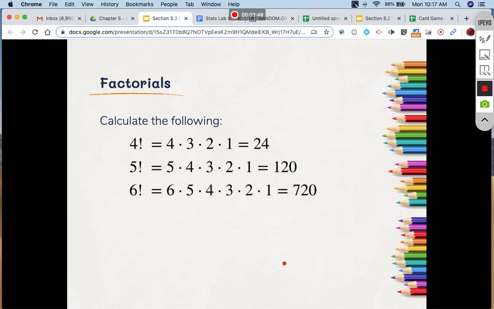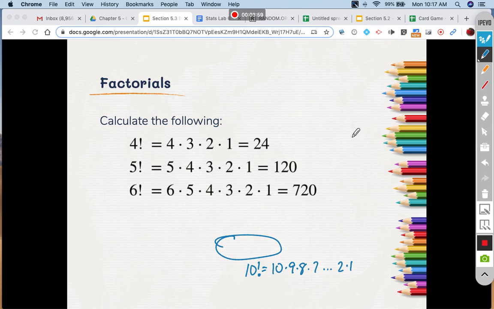A couple of things I want to show you with this. First thing is, on your calculator, look for the factorial button. I know most of my students have the TI.